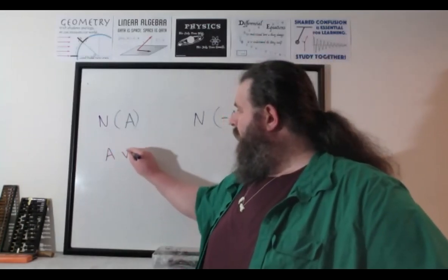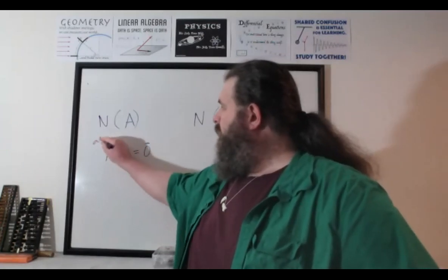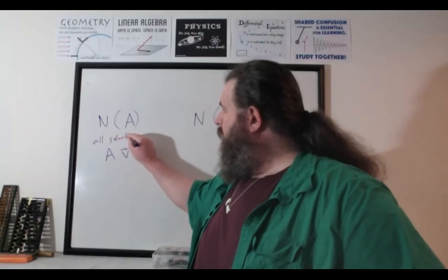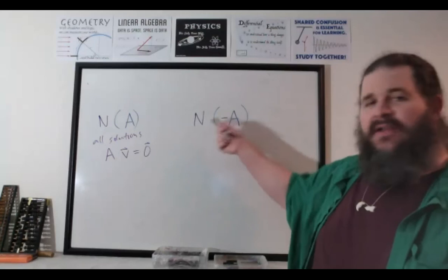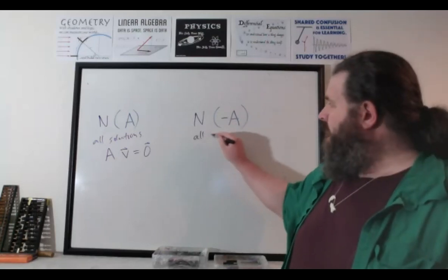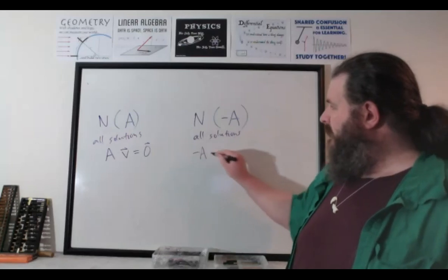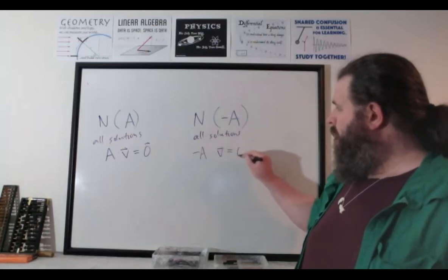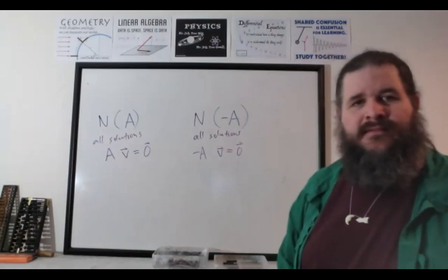All the vectors that when multiplied by A become 0. So null space of A is all solutions to A times V equals 0, whereas null space of negative A would mean the set of all solutions to negative A times V equals 0. Is this going to have different solutions than this?